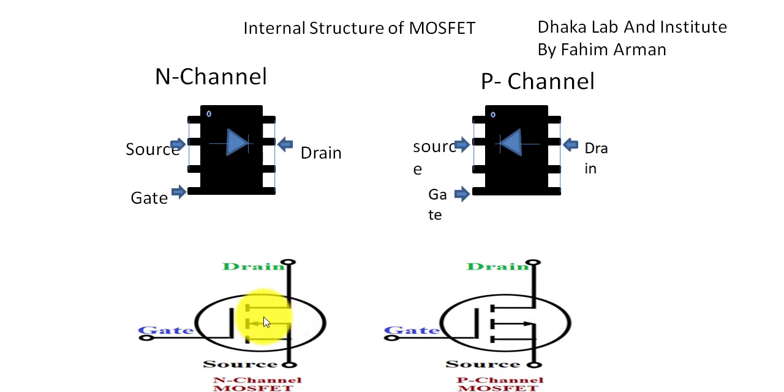In the N channel MOSFET the arrow mark is inside, and in the P channel the arrow mark is outside. This is the way you have to understand it when you go for a schematic diagram. Here this symbol is used.